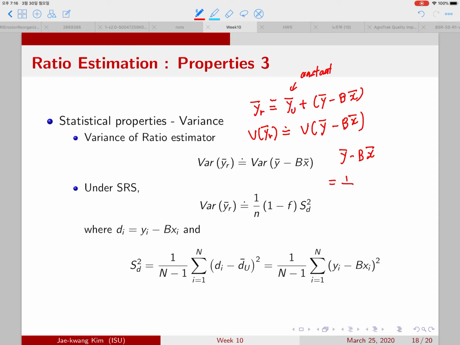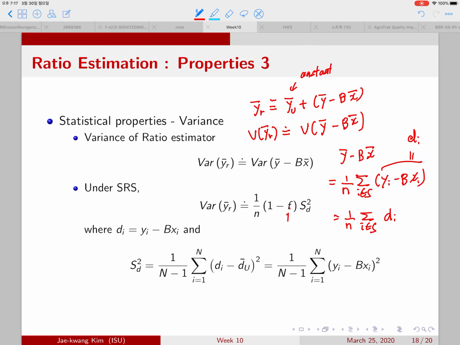Okay. So 1 over n summation i equals 1 to n of yi minus b xi, so we can call it di. And then it's just the sampling variance.